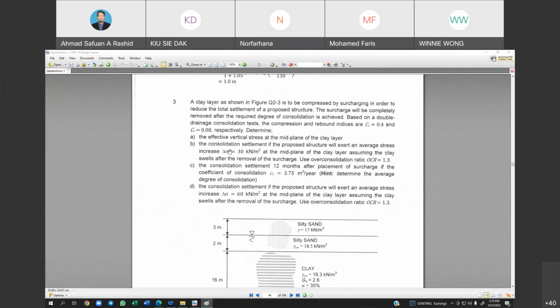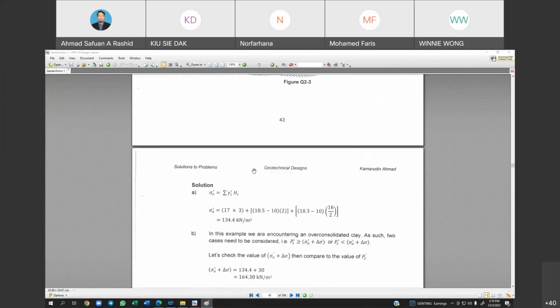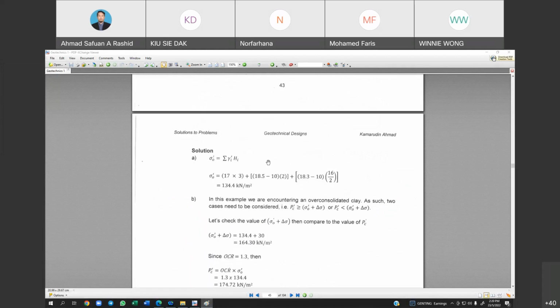Okay, so now to solve the question B, we look at the solution for the question B. In this example, we are encountering an over consolidated clay. As such, two cases need to be considered, where PC is greater than sigma naught plus delta sigma, or PC is less than sigma naught plus delta sigma.